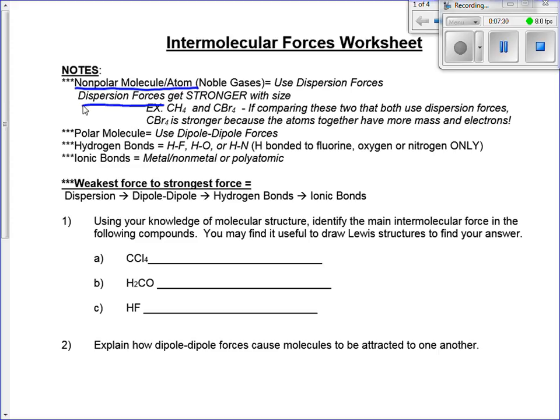Okay? Let's talk about what dispersion forces are. If I was a molecule of methane, CH4, I have an electron cloud around my atoms, and my molecule has a bunch of electron clouds, right? And let's say that she is also a methane, and he's also a methane.